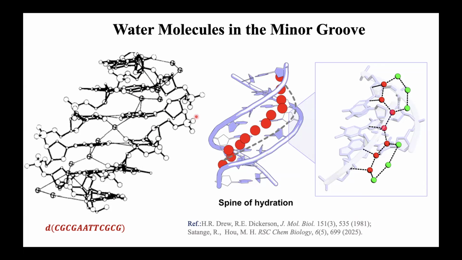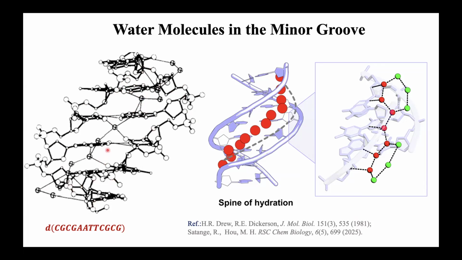So what they showed is that in the case of the AT-rich minor groove of the fragment, the water molecules can bridge the nitrogen and oxygen atoms of the bases of opposite strands of the DNA.